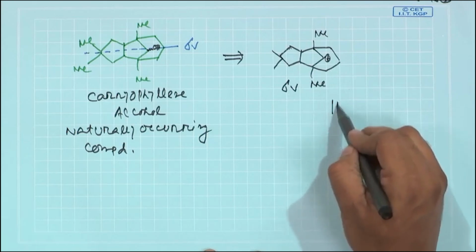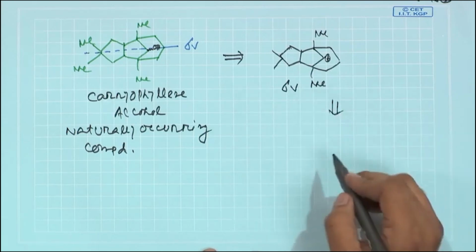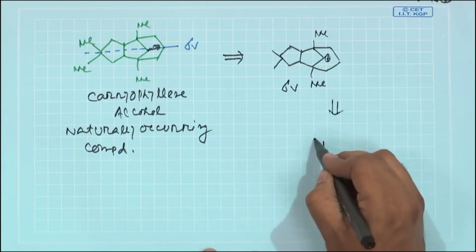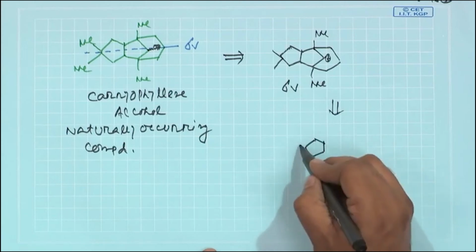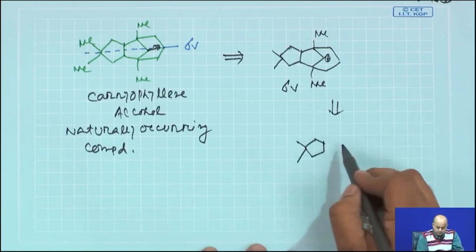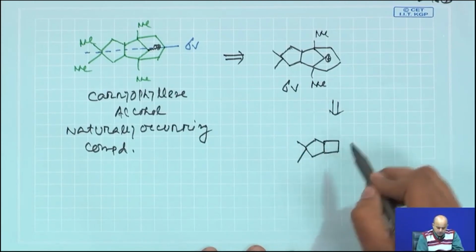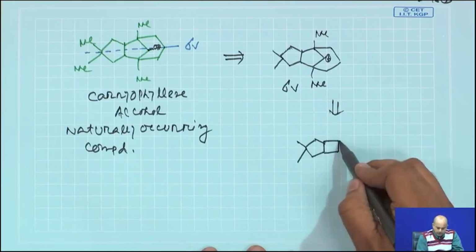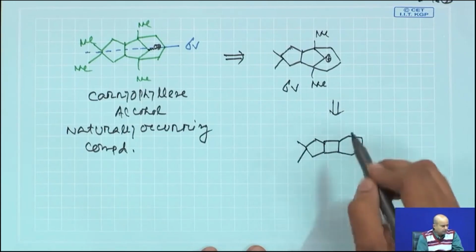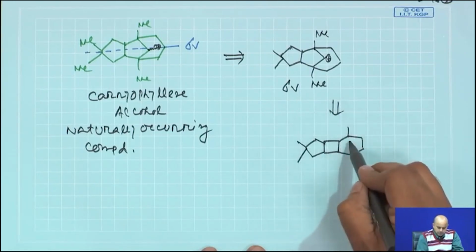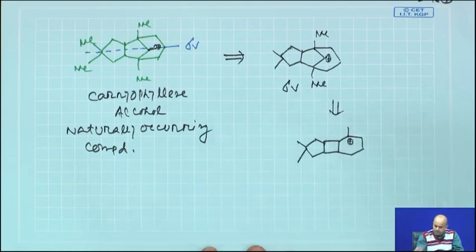Now, I am saying this bridged carbonium ion can be constructed by some classical carbocationic rearrangement which you probably have seen in the pinacol rearrangement.